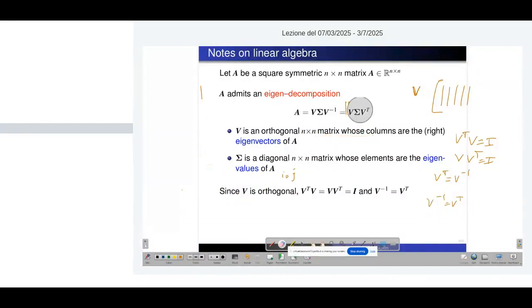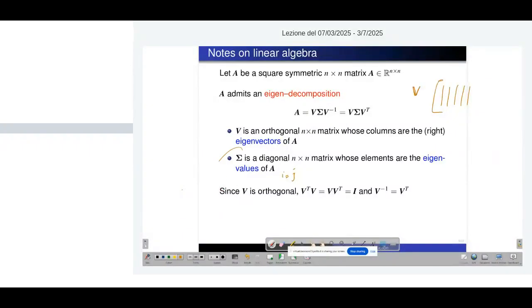V is an orthogonal matrix that contains in its columns the eigenvectors, right eigenvectors, but right in parentheses because the matrix is symmetric, so we don't need to distinguish between right and left eigenvectors. So it contains the eigenvectors of matrix A.